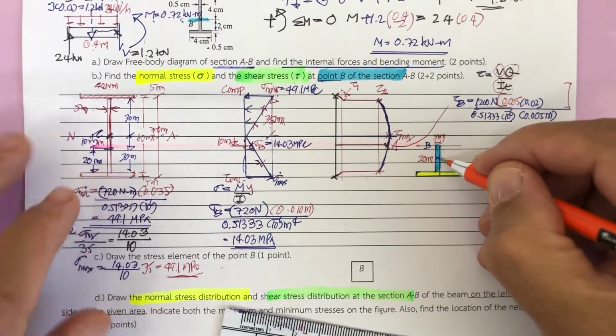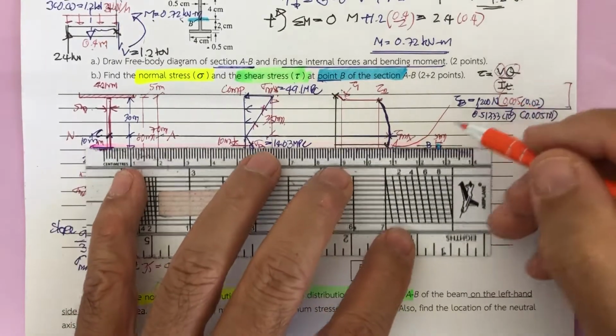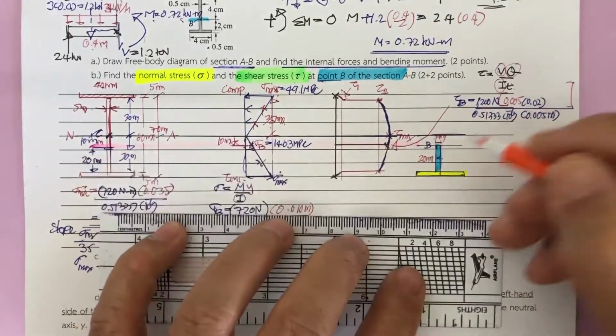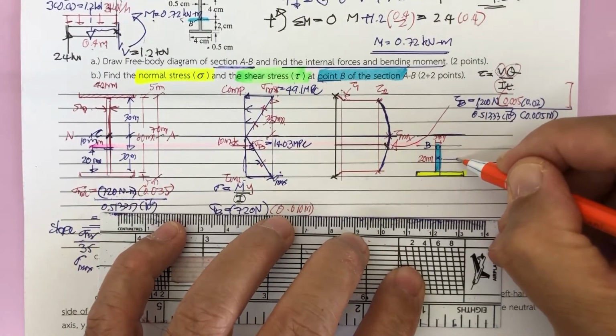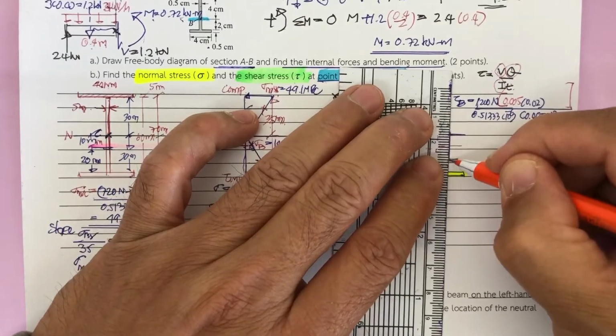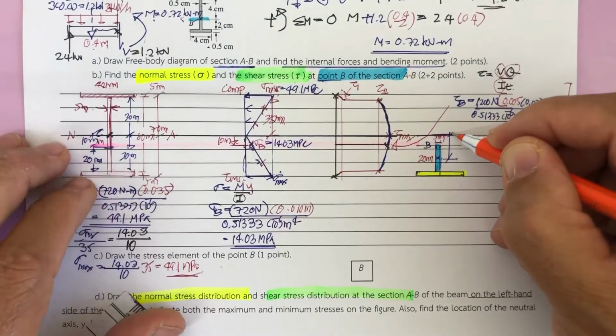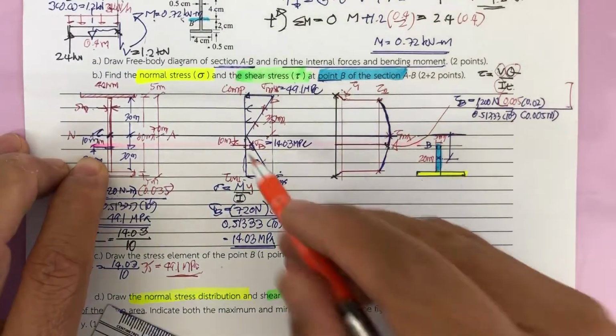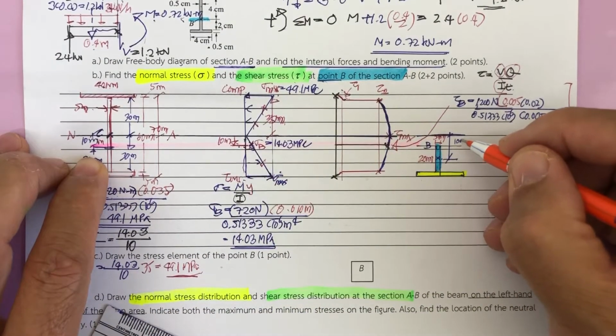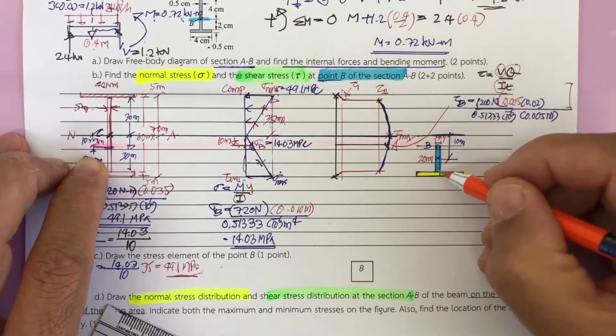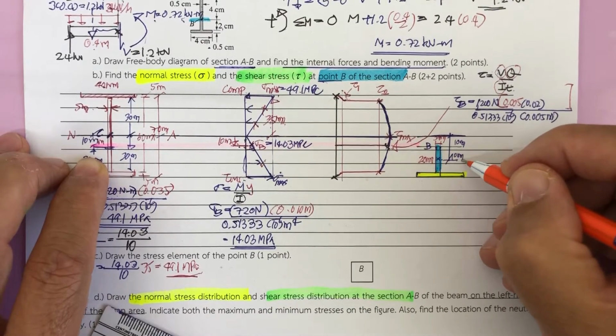This is the centroid of this section. And then you got to take the moment of this section about the neutral axis of the section. What we have is the distance here is 10 millimeter, and this is half of 20, which is 10 millimeter.